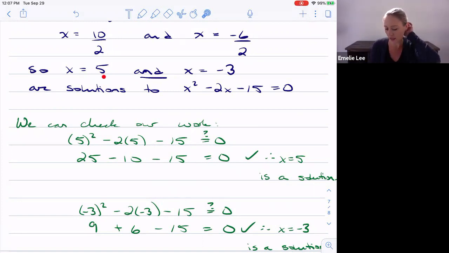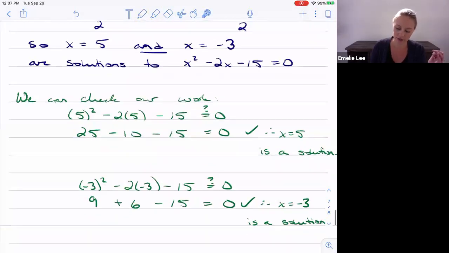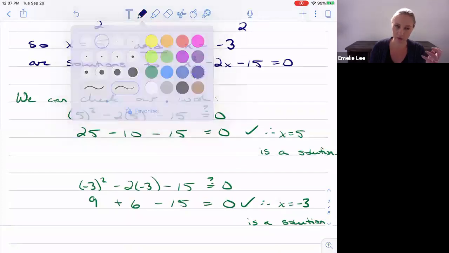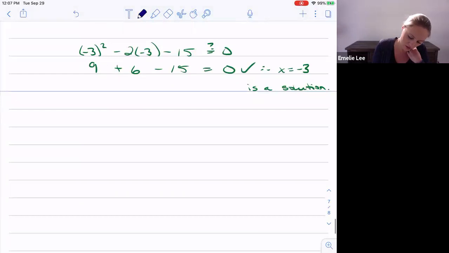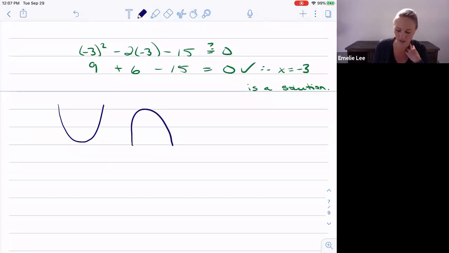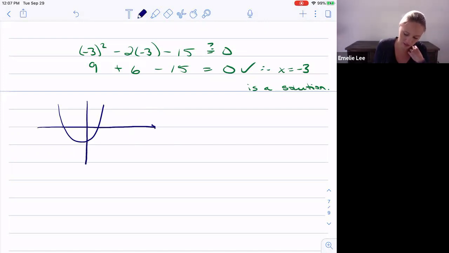So what does it mean if x equals 5 and x equals negative 3 are solutions? Well, just as a side note, what does that look like graphically? If you have an x squared, you have some sort of parabola like this. Now they could look like this or like this, it doesn't matter. And then maybe things have been shifted around on your axis.